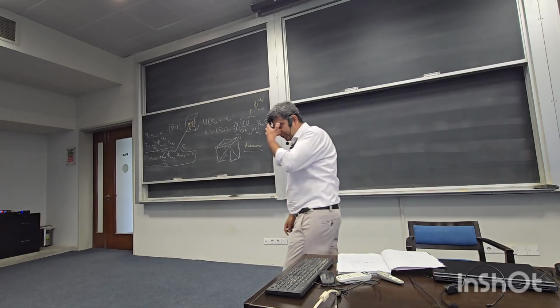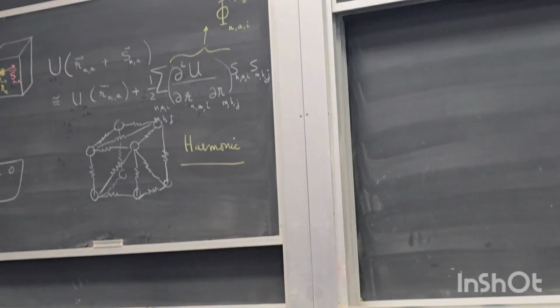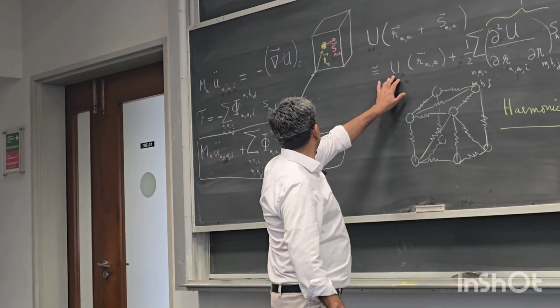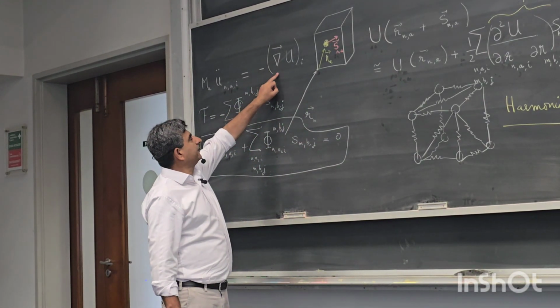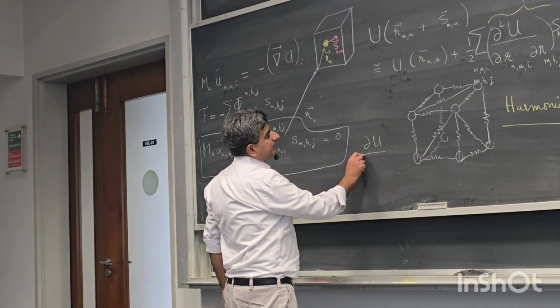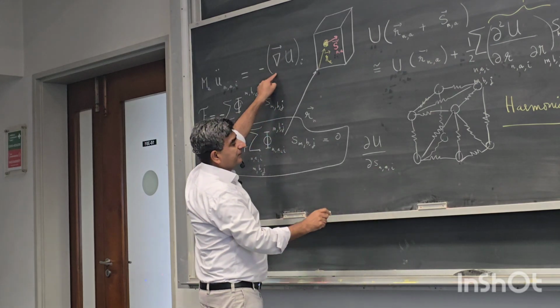Oh, by the way, one thing, sorry. There is no sum over nai here, because when I take the derivative of this object, I really need to take the derivative of u with respect to s_nai, right? This term is this term.